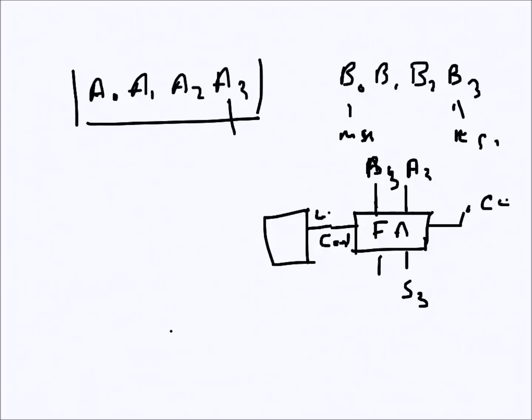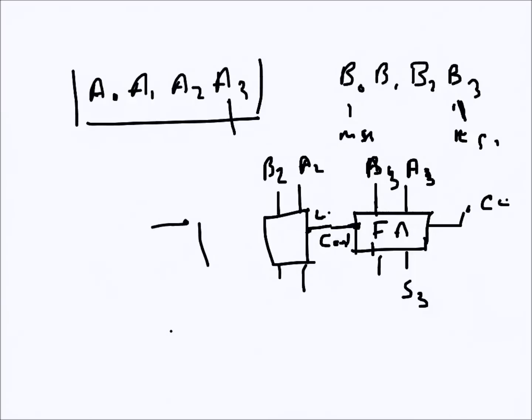So A3 and B3 are the least significant, and A0, B0 is the most significant. Here I will have A2, B2, and the carry out of the first stage is going to the carry in of the second stage, and this is how it will cascade to get the whole 4 bits.